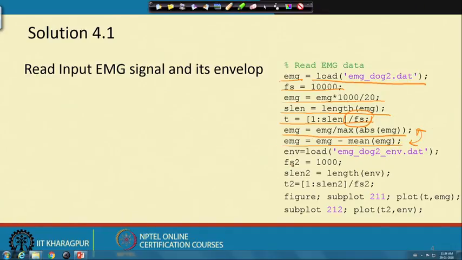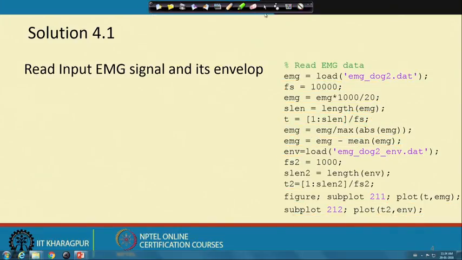Then we have loaded the envelope also, which is given and which we need to compare against, and again we have taken the corresponding length, and using the figure and subplot commands, at the top we are showing the EMG signal and below it the envelope.